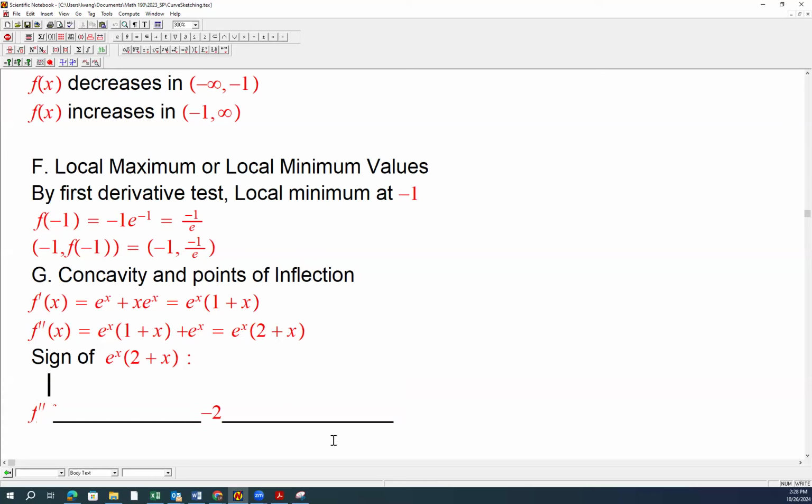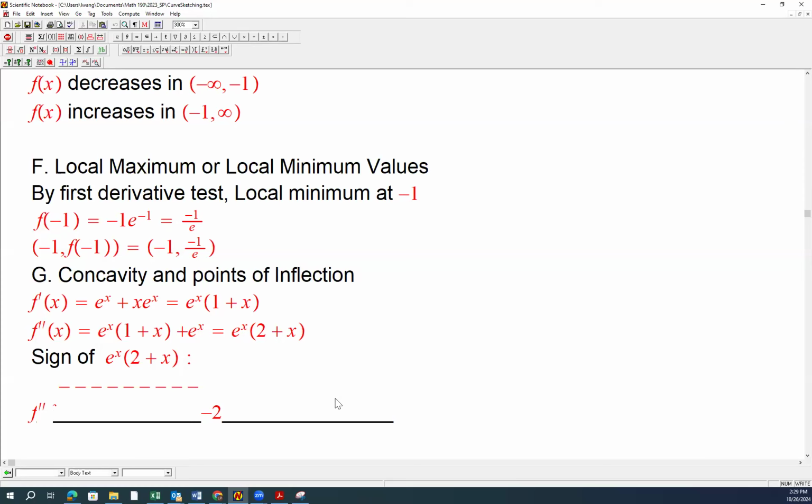When x is less than -2, 2 plus x is going to be negative. This is actually very similar to when we work with the first order derivative.